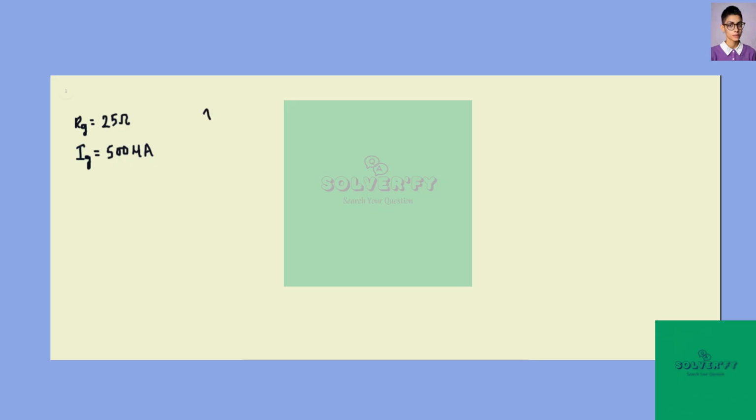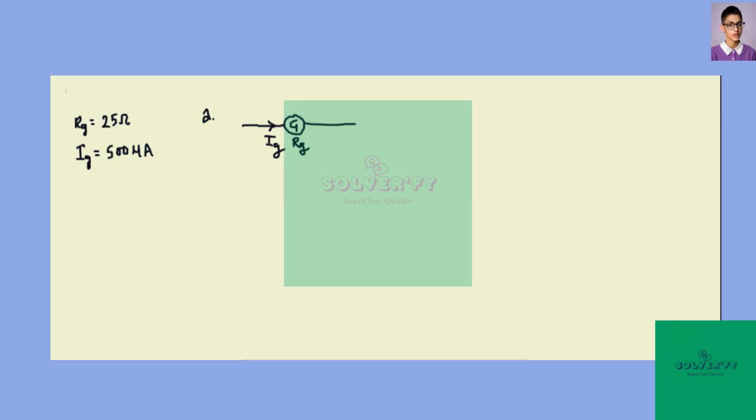Now show in a diagram. So first, for the first part, we have to show this in a diagram. How can we convert a galvanometer? So here is a galvanometer, and this galvanometer has resistance Rg, and the maximum current that can flow through this galvanometer is Ig.